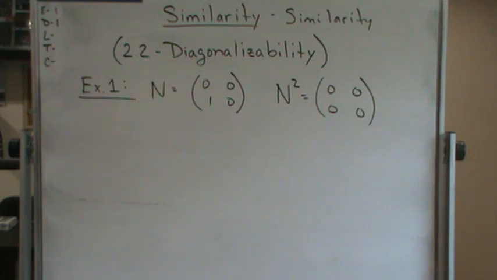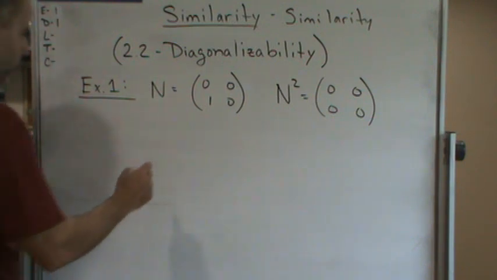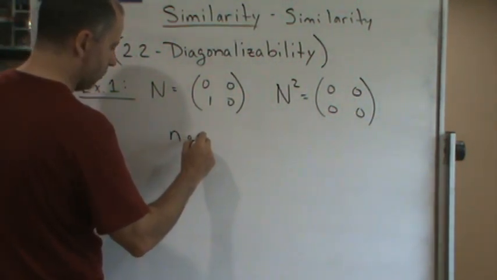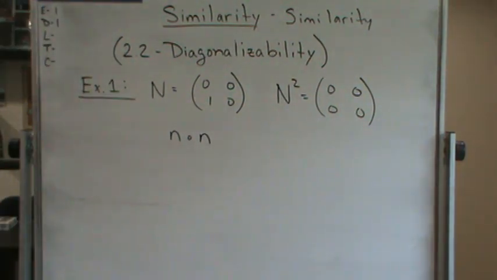This implies that for any map N, represented by the matrix N with respect to some basis B to B, the composition of N with itself gives us the zero map.